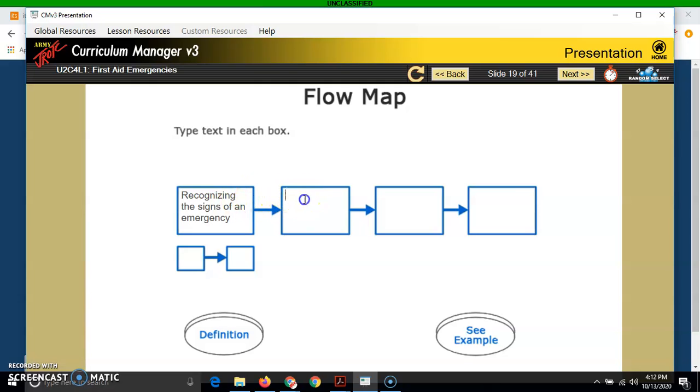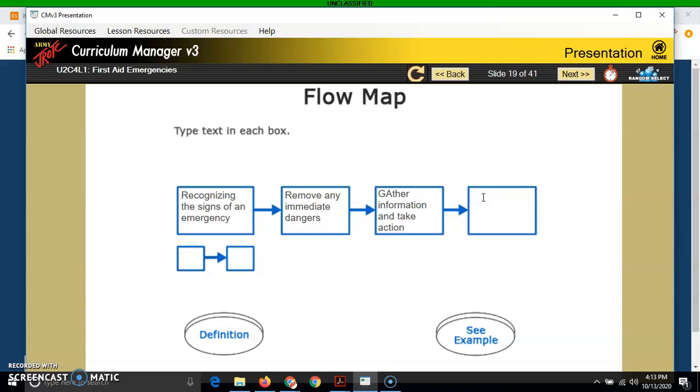And then the next step would be to remove any immediate dangers in order to protect yourself. And then after that, you would gather the information and take action, which is from your readings yesterday. That's where you would be gathering the information, take those 7 steps.